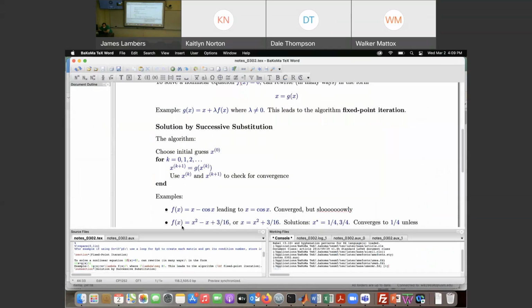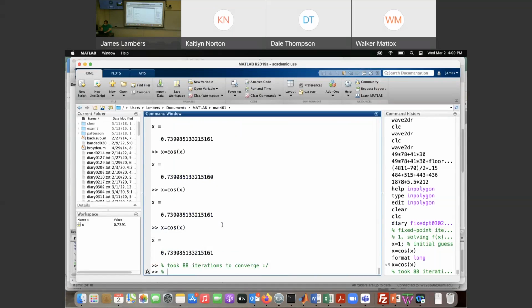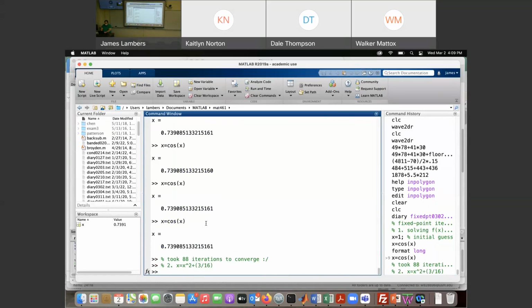Second example. So we have the function we want to find a root of, x squared minus x plus 3/16. That's the same as solving x equals x squared plus 3/16.